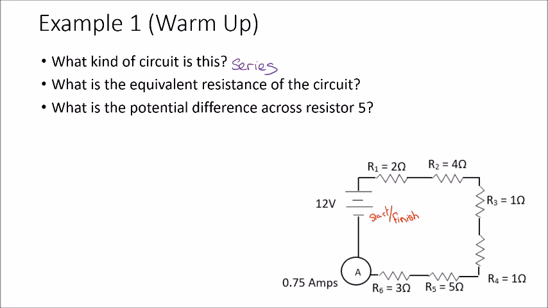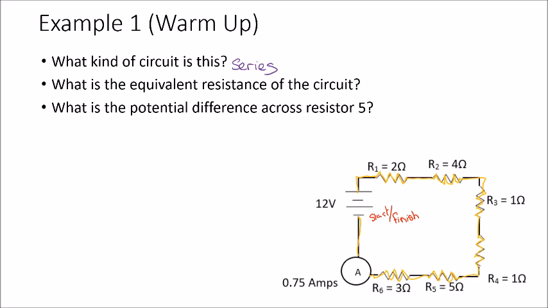And we can tell this is a series because if we start at the battery, we have to go through every single resistor. We don't have any choice in which way we go. If we take our pen and trace the entire way through, we don't get any choices before we get back to the battery.